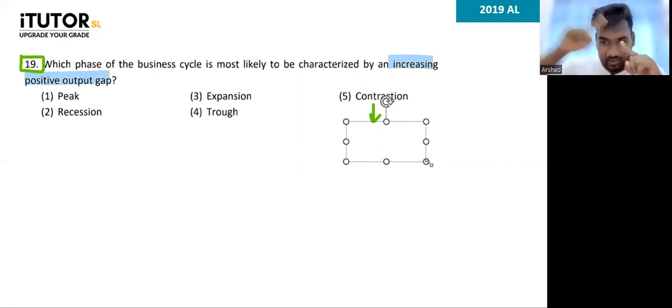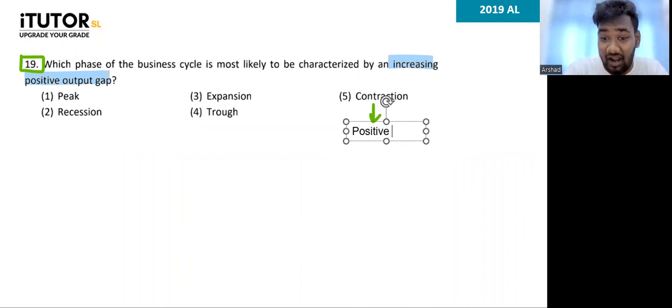Now I'm hoping you all know how the business cycle looks. Here there is the potential output. Now I'm talking about the actual output falling down. So what's happening? The positive output gap is decreasing. In a contraction, the positive output gap is decreasing.